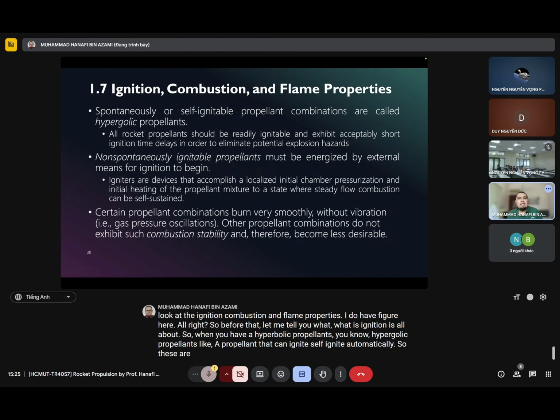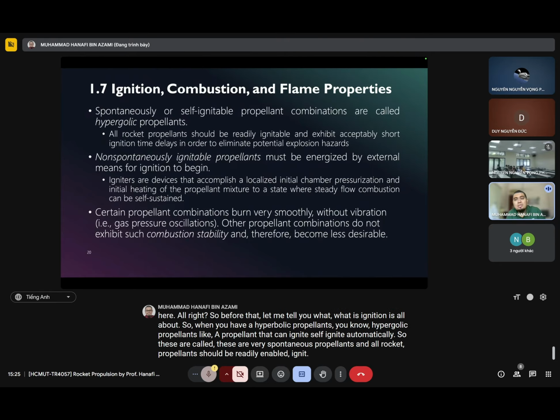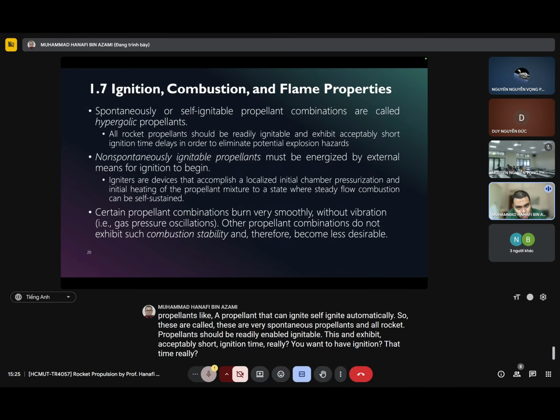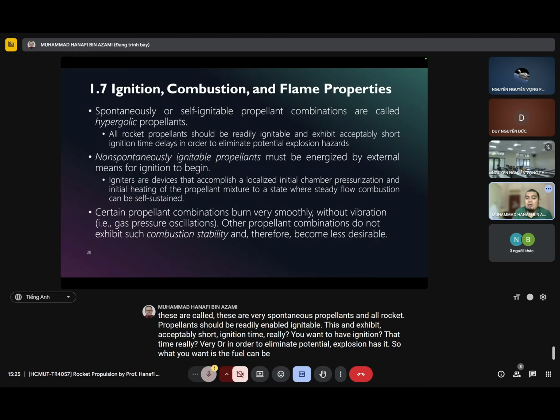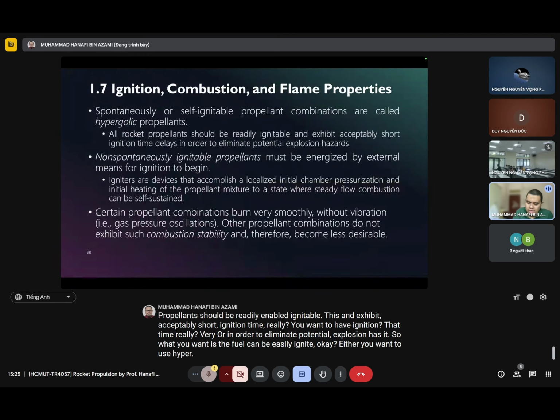These are very spontaneous propellants, and all rocket propellants should be readily ignitable and exhibit an acceptably short ignition time delay. You want the ignition time delay to be very short in order to eliminate potential explosion hazard. So what you want is for the fuel to ignite easily, either hypergolic or non-spontaneous. Why? Because you want to reduce the ignition time delay.